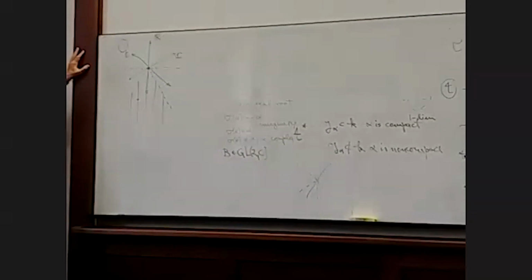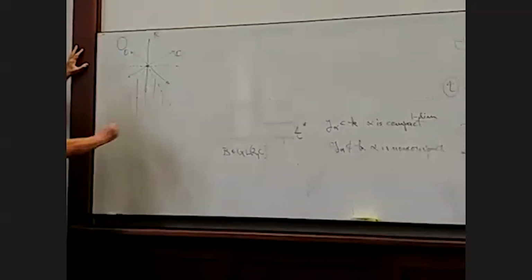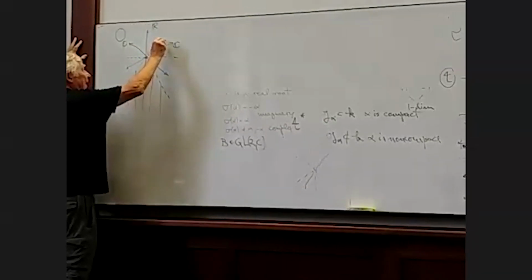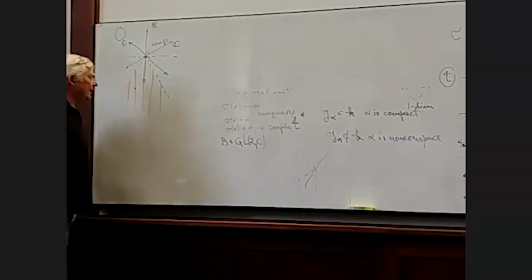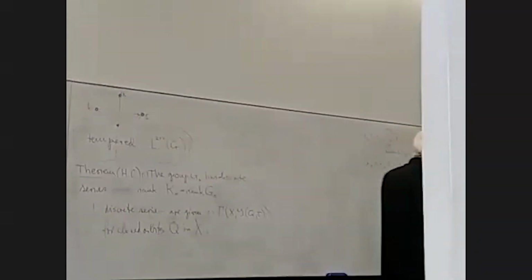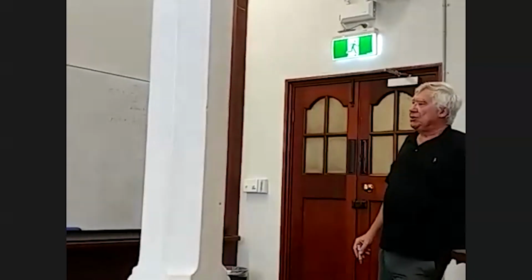So just the real part of lambda is 0. This is tempered. But nothing else can be tempered, and especially it cannot be square integrable. So there are no square integrable representations attached to the open orbit.